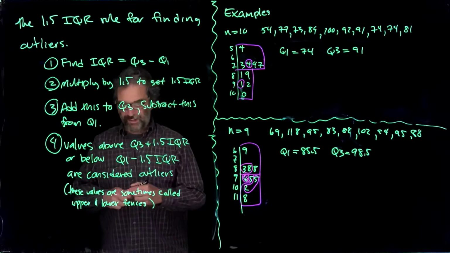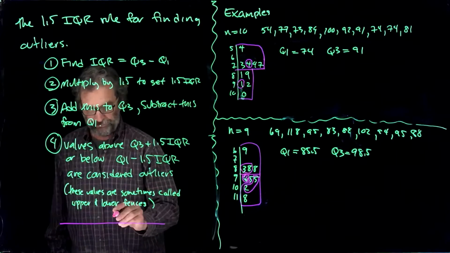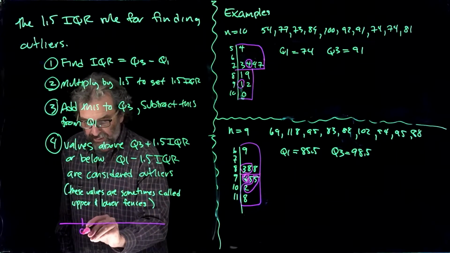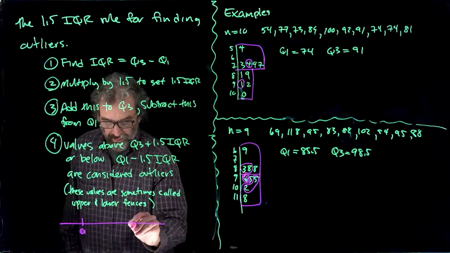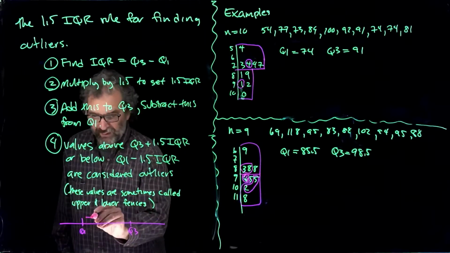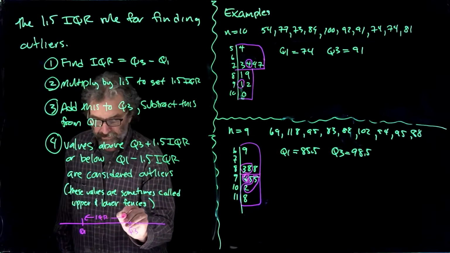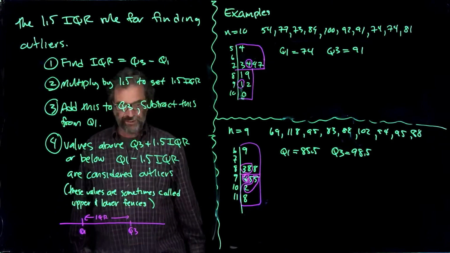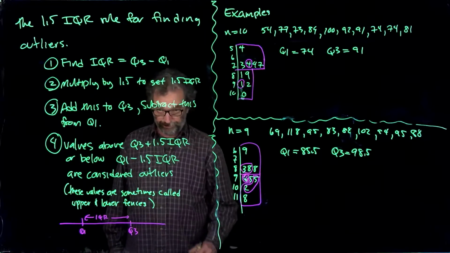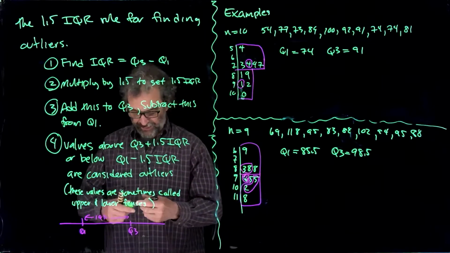So basically what's happening, if you imagine here's a number line. Here is Q1, here is Q3. That's pretty far apart. This distance is IQR. And then you multiply it by 1.5, which is going to be much bigger than that. We're going to run out of space here.